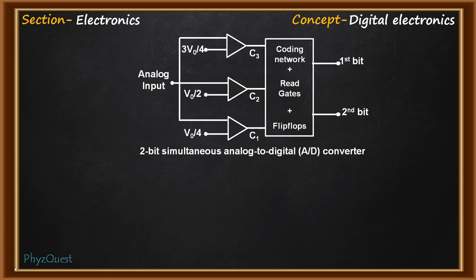So if we have an n-bit analog to digital converter, it will convert the analog signal into n number of bits, where each bit has a certain weightage, starting with the most significant weight with the highest weightage up to the least significant weight with the lowest weightage.